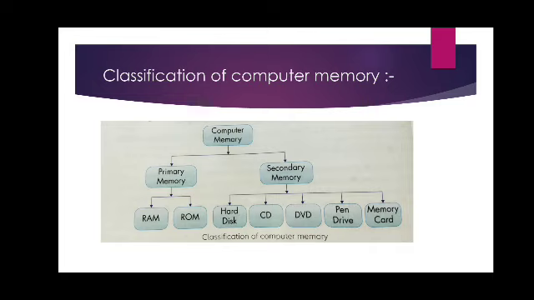In primary memory there are also two parts, RAM and ROM. In secondary memory there are 5 parts: hard disk, CD, DVD, pen drive, memory card.